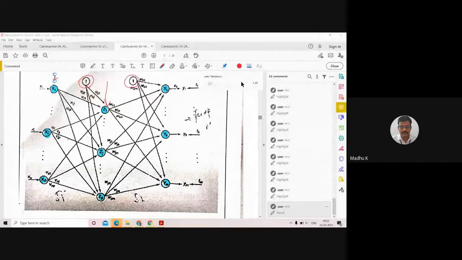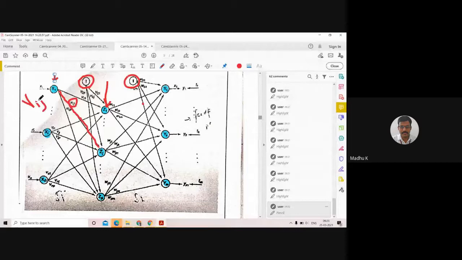Then another is the weight. Between the layers there is a weight. For example, between the input layer and the hidden layer Z, there is a weight value V. How is it named? For neuron Zj, the weight is Vij. You already know this concept.